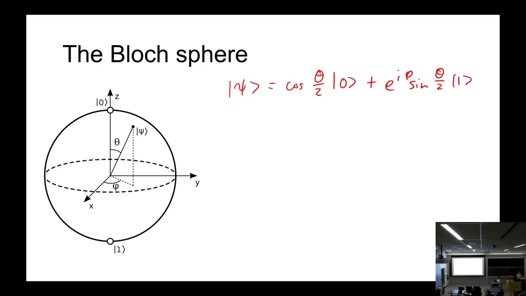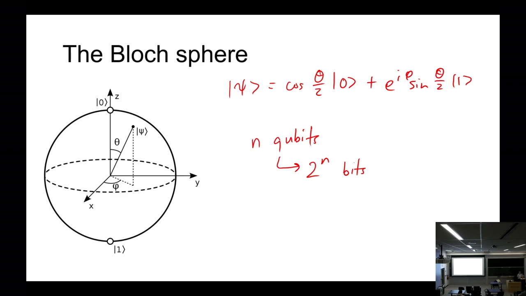So if we have n qubits, we should be able to take on the values of 2 to the n bits.